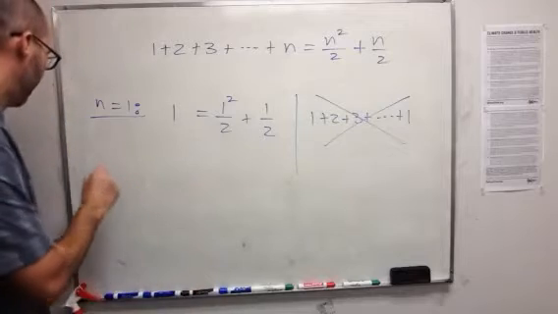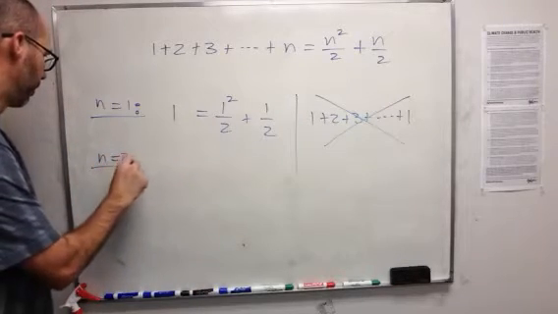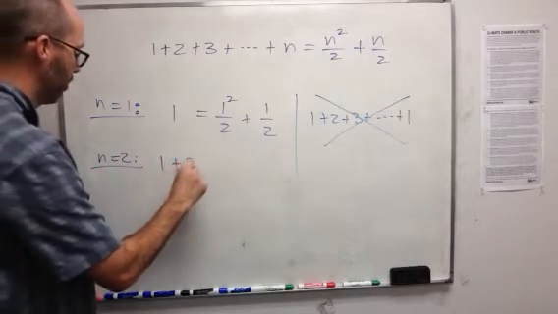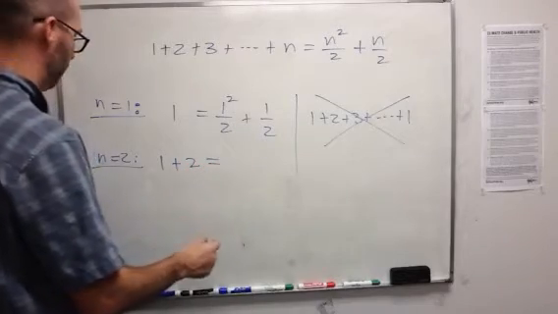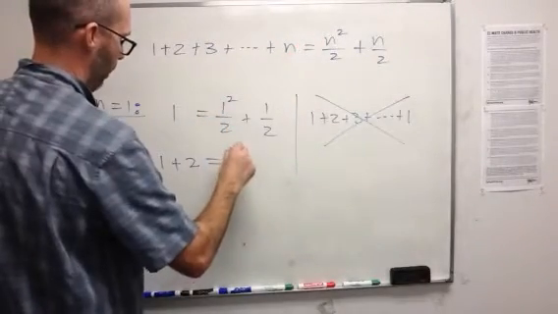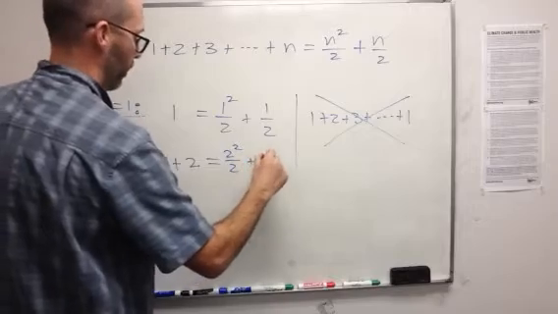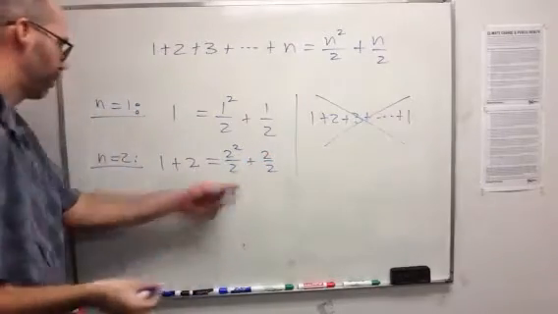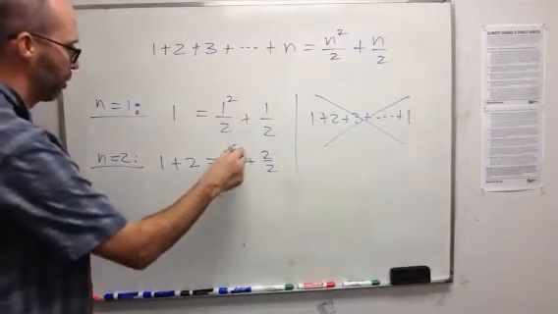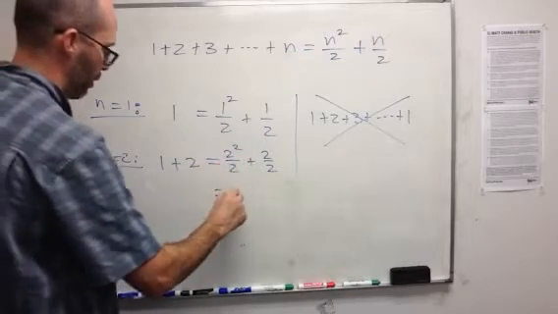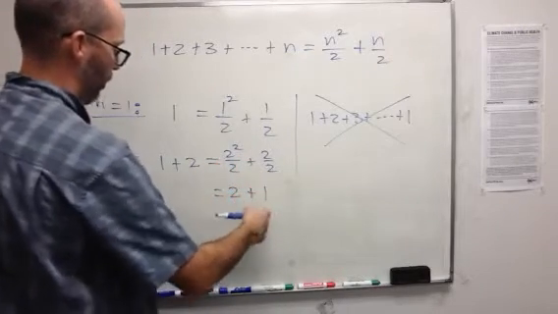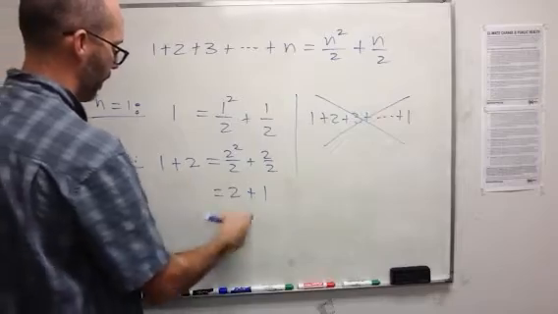Now n equals 2. This means 1 plus 2 is equal to 2 squared over 2 plus 2 over 2. Let's just verify that this is correct. 2 squared is 4, 4 over 2 is 2, and 2 plus 1 is 3. That's 3. Okay.